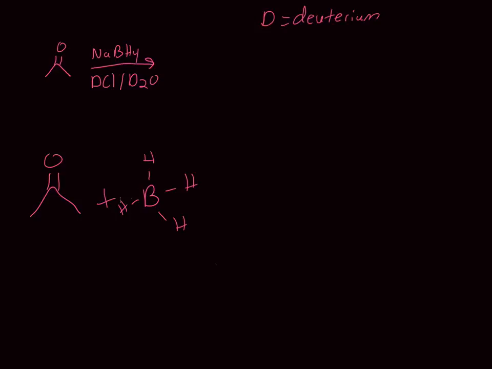One of these hydrogens is going to attack this carbon. So this whole thing, this H minus, if you want to look at it like that, with these two electrons, will attack right there. And that will shift these electrons from the pi bond up. So we'll get something that looks like this.